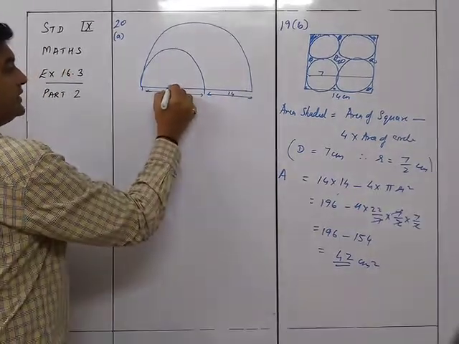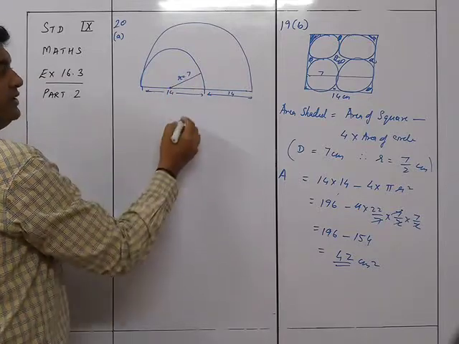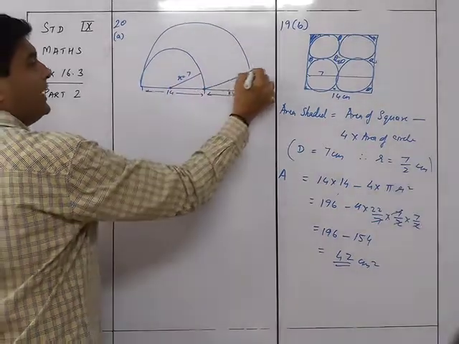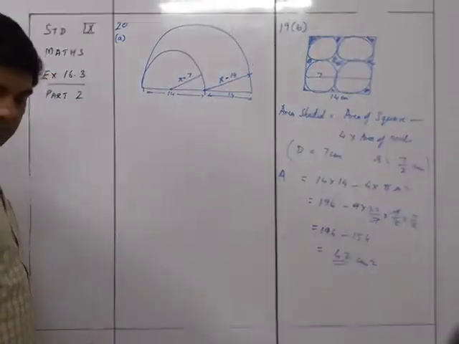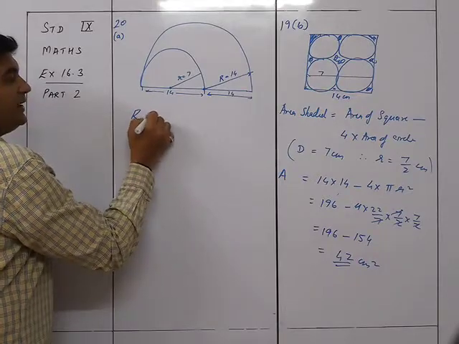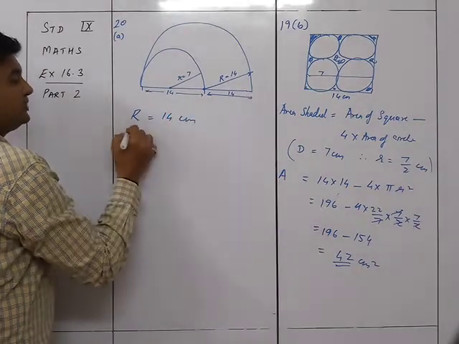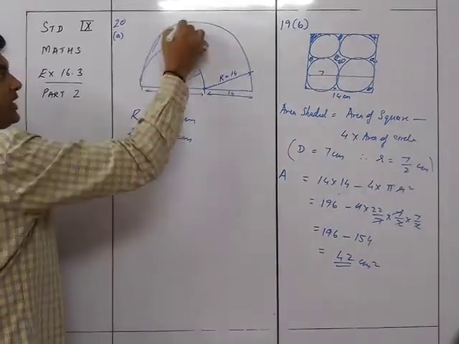So you can see over here this small r is equal to 7 and the big R is equal to 14. So capital R is equal to 14 centimeters and small r is equal to 7 centimeters. You need to find out the area shaded.